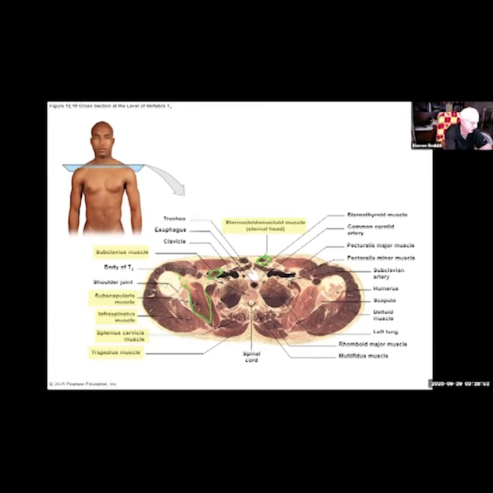Again, this is your humerus, the bone right there you can see. Your infraspinatus muscle. And your splenius cervicis muscle. And the trapezius muscle runs on the outside, in the back and up and over your neck.